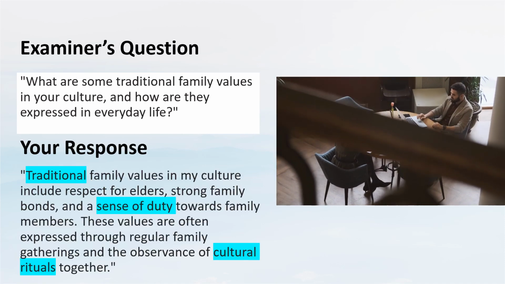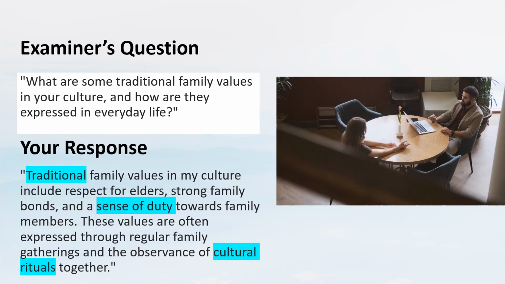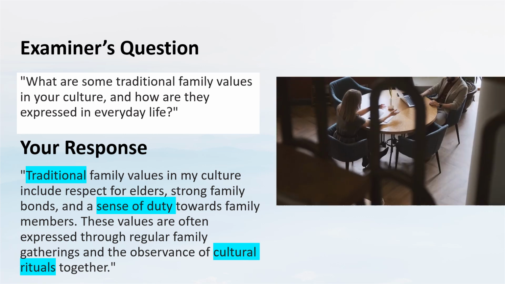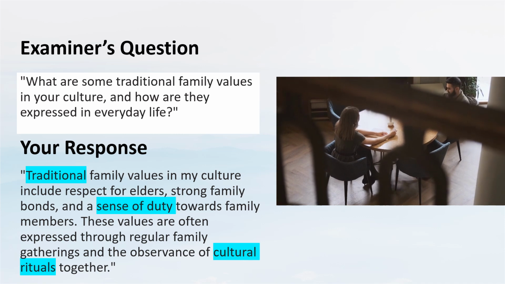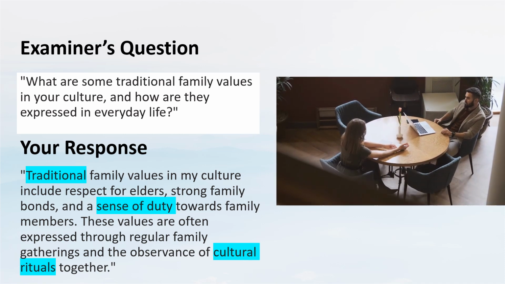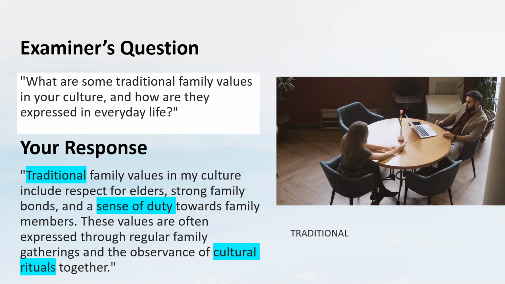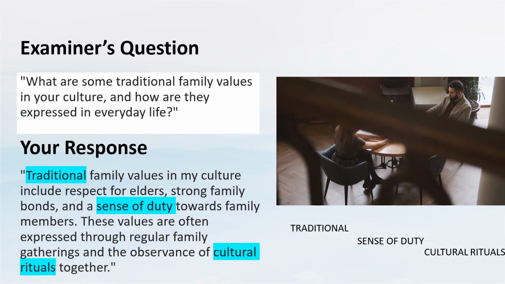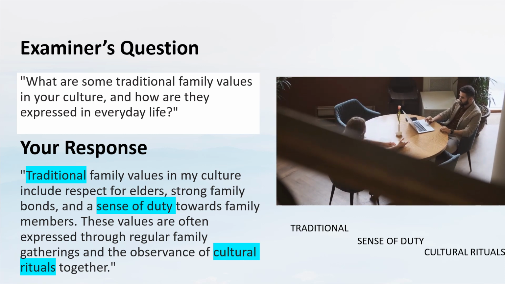Traditional family values in my culture include respect for elders, strong family bonds, and a sense of duty towards family members. These values are often expressed through regular family gatherings and the observance of cultural rituals together. The speaker uses words like traditional, sense of duty, and cultural rituals to show his range of vocabulary.